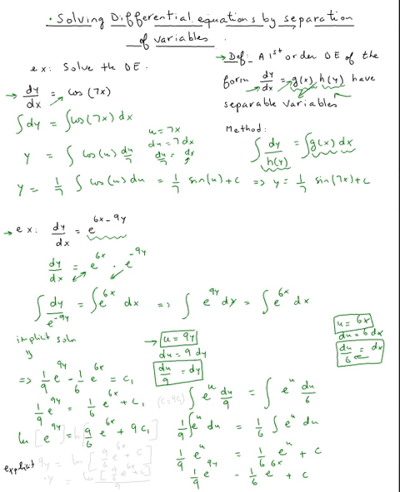You'll get 9y equal to ln of 9 over 6 e to the 6x plus some constant c, where I'm calling c equal to 9c1. And then divide by 9 and you're done. So y is equal to ln of 9 over 6 e to the 6x plus c, everything over 9, and you're done.